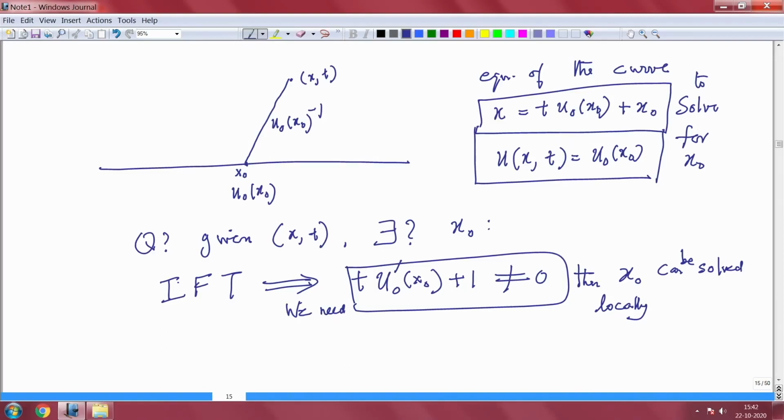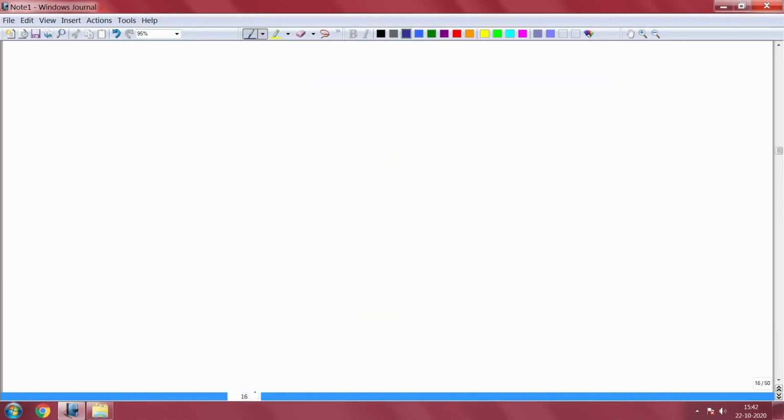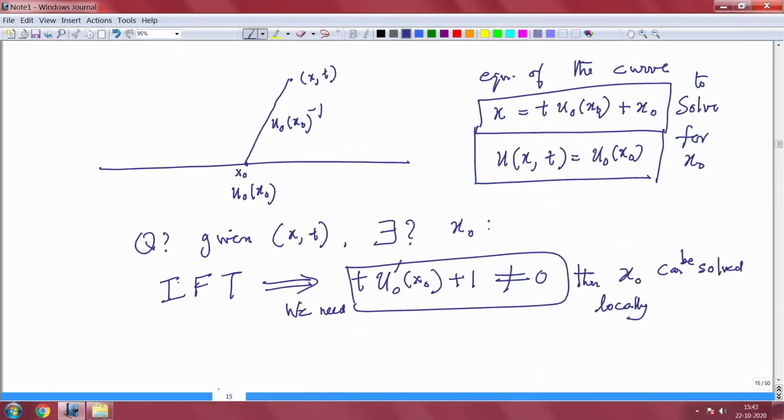So, actually what we have done is essentially prove a theorem. Okay. What is the theorem we proved? You need this condition, t u naught prime of x naught plus 1 not equal to 0.